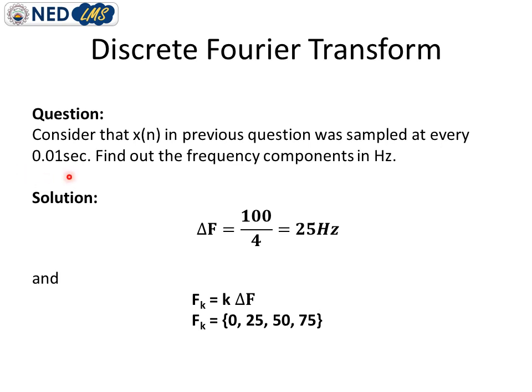So when we take the reciprocal of 0.01, we get 100 as the sampling frequency, and we know that the number of samples n was taken as 4 in the previous example. So dividing 100 by 4, we get the frequency resolution, which is 25 Hertz. So 25 Hertz is the frequency resolution, or the distance between two consecutive spectral lines.